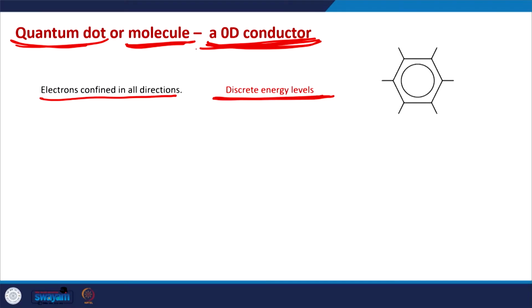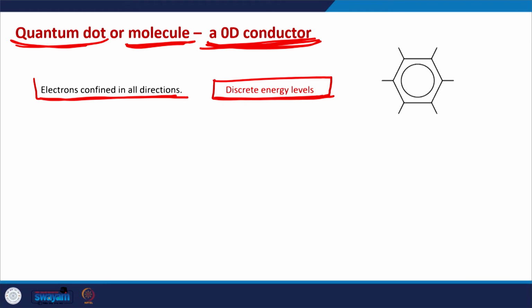We did not do a very thorough analysis of 0D channels, and that's what we are going to do now. In a 0D conductor, the characteristic is that the electrons are confined in all the directions, which means that the electronic energy is discrete. There is no continuum of energies. It's like the energy of a single atom.